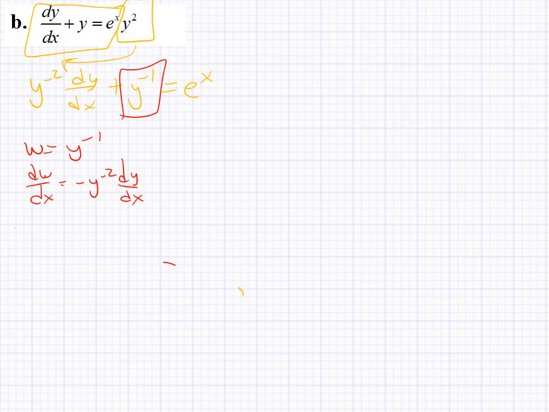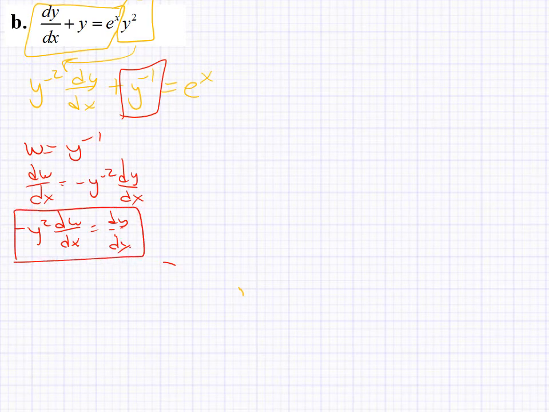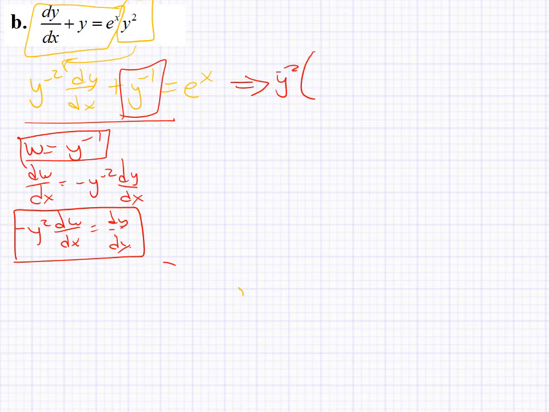So then we could say that negative y squared dw/dx equals dy/dx. We swap it out in the equation, and what we end up with is y to the negative 2 times negative y squared dw/dx plus w equals e to the x.